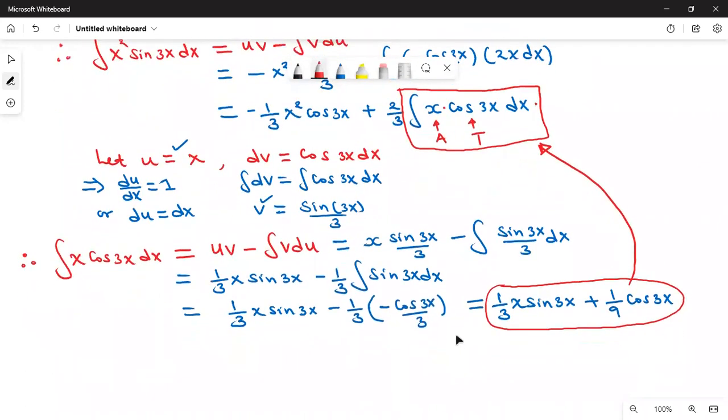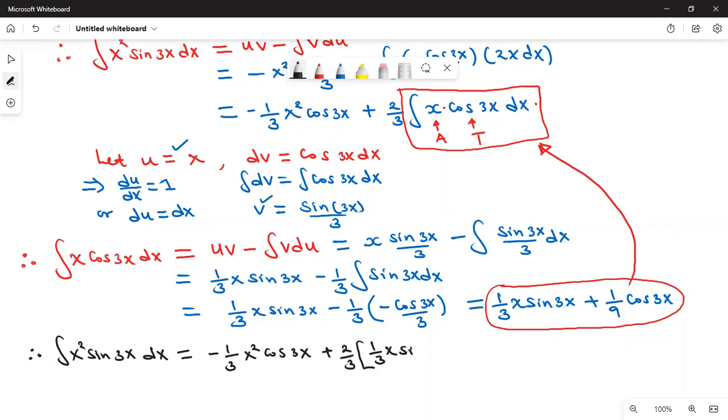Let's use another color. Therefore, the integral of x squared sine 3x dx is the same as negative 1 over 3 times x squared cosine of 3x plus 2 over 3 times the answer we found, that was 1 over 3 x sine 3x plus 1 over 9 cos 3x.